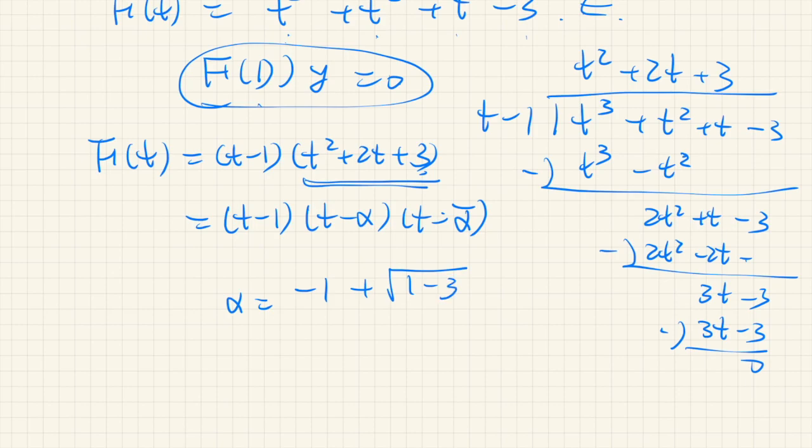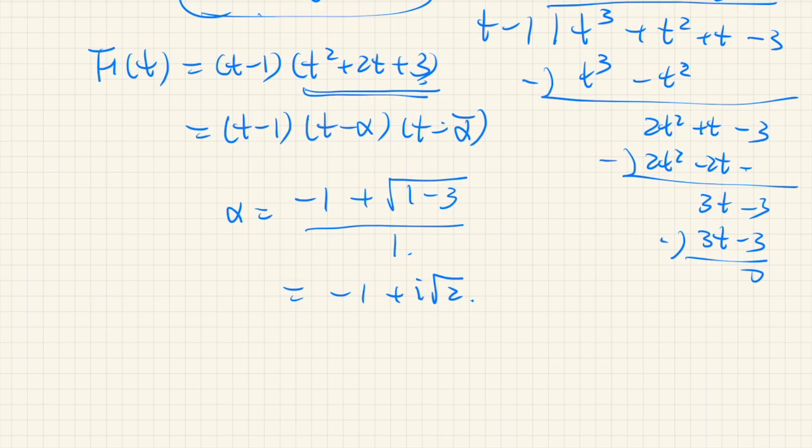So that's negative 1 plus i square root of 2. And alpha conjugate is negative 1 minus i square root of 2.